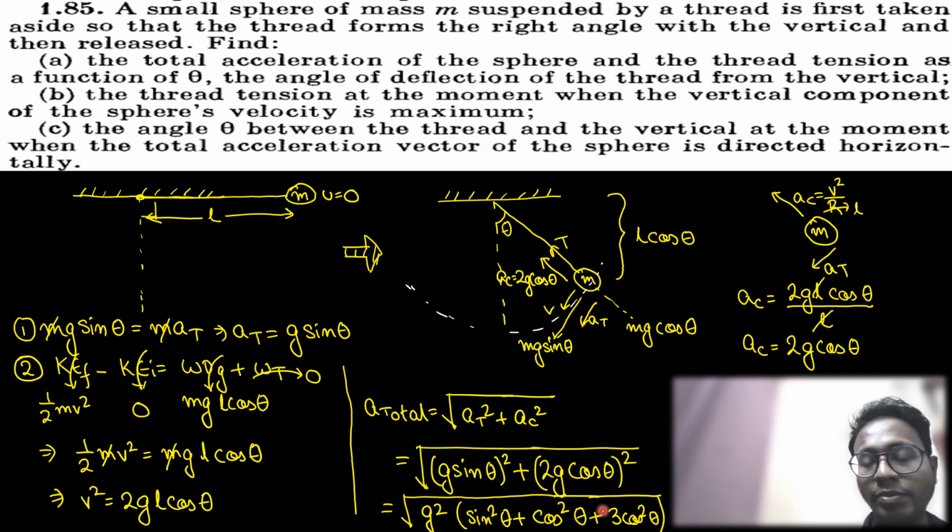Now sin square theta plus cos square theta is equal to 1. So g square into 1 plus 3 cos square theta is the value of the acceleration.